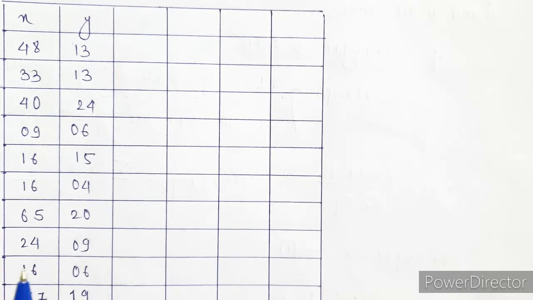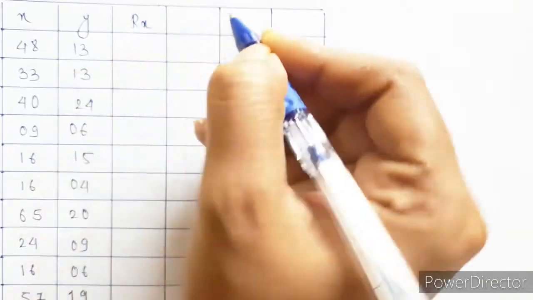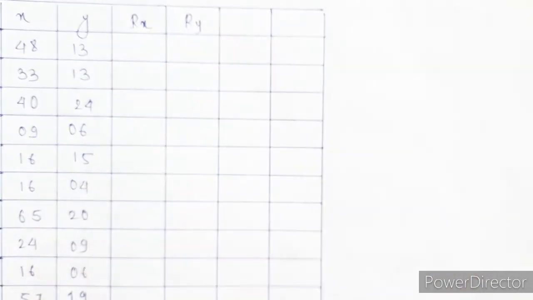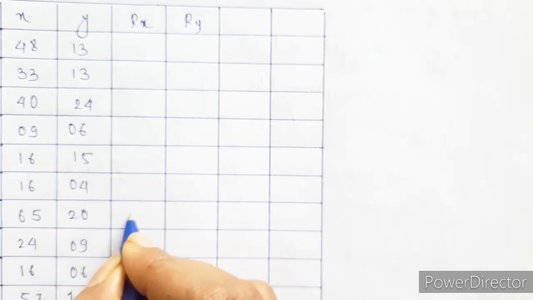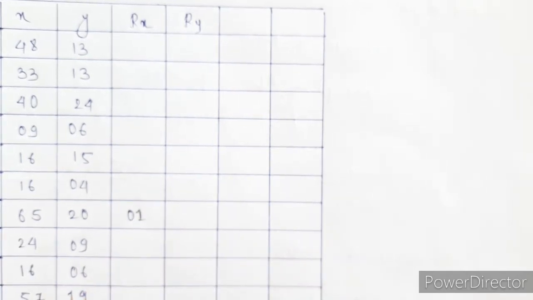Now here the highest value is 65, so these are, let us write rank of x here and rank of y in this column. So highest value is 65, so it will get rank 1. Next is 57, so it will get rank 2.